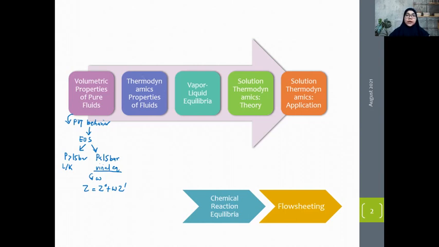In this chapter, we develop a correlation between the first and second law of thermodynamics, learning how to correlate those properties between both laws.